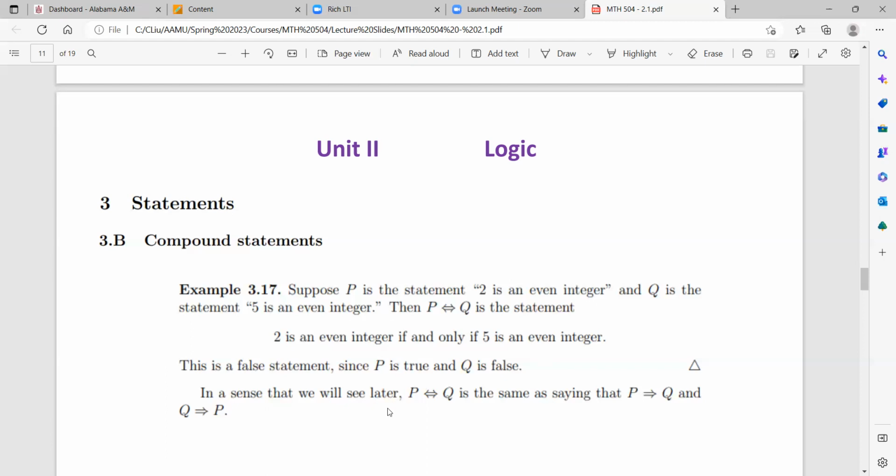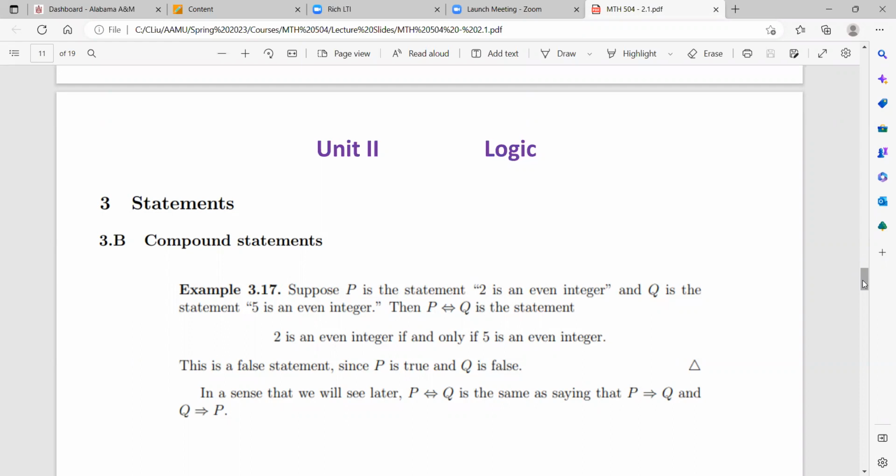In the sense that we will see later, P if and only if Q is the same as saying that P implies Q and Q implies P. We use this kind of argument extensively in mathematics when we do the proof of a statement.